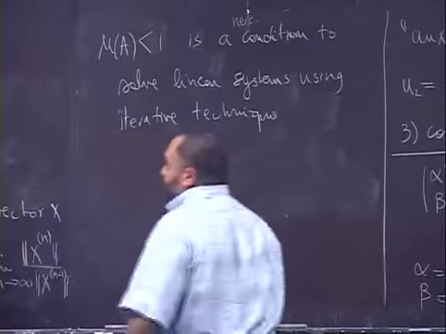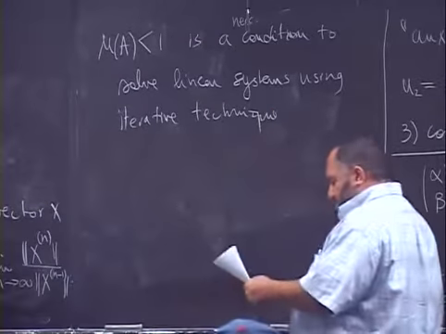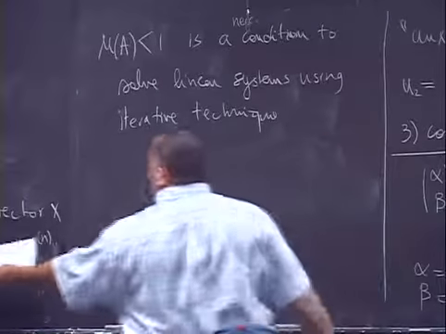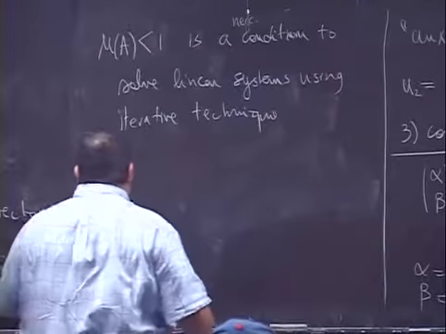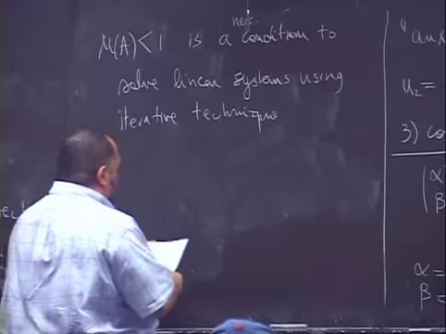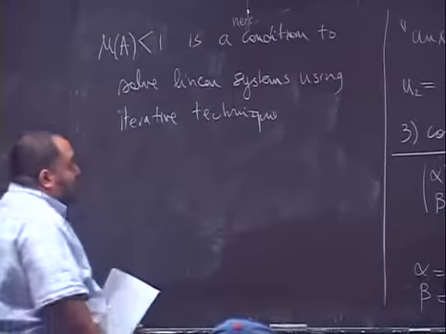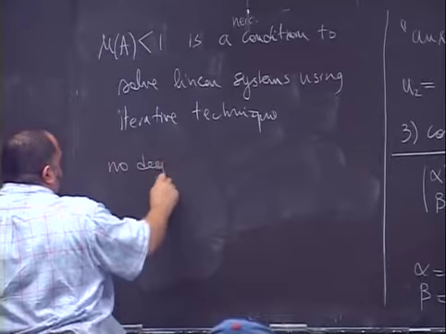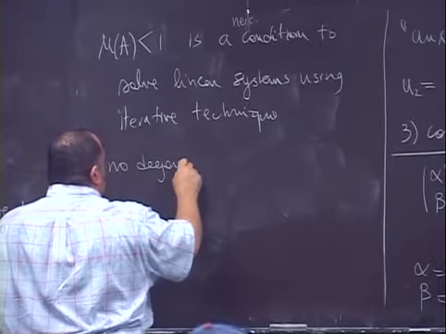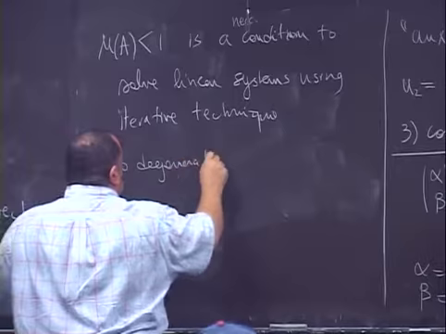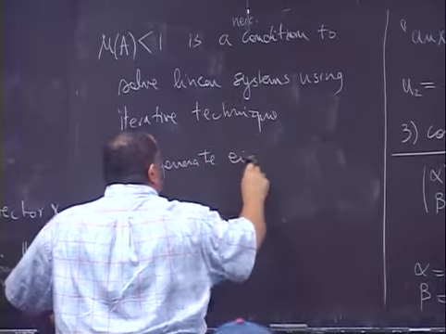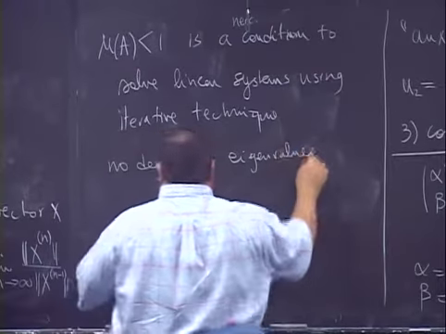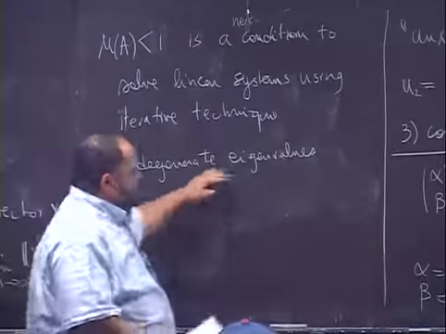So we want to figure out what mu of A is now. Let's give the proof for the power method here. We will assume that the eigenvalues are not degenerate, meaning there are no deficient eigenvalues.